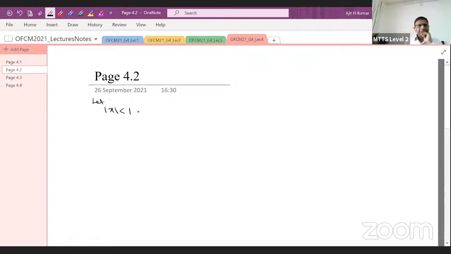What does it say? If mod x is strictly less than 1, can we conclude something from this? So this is your one statement, right?